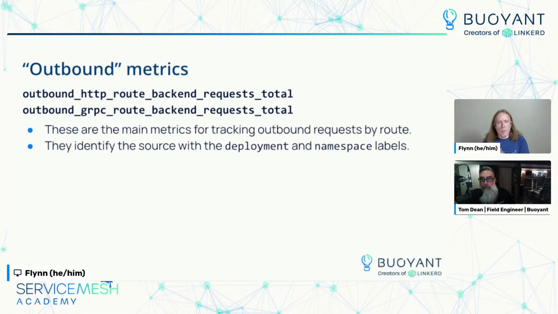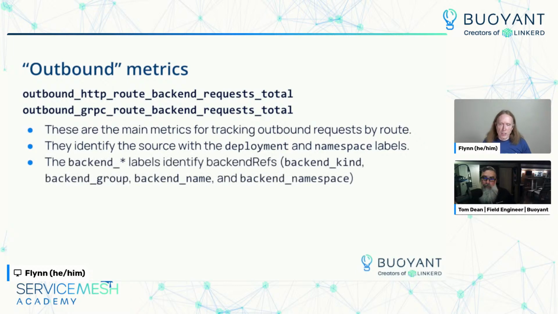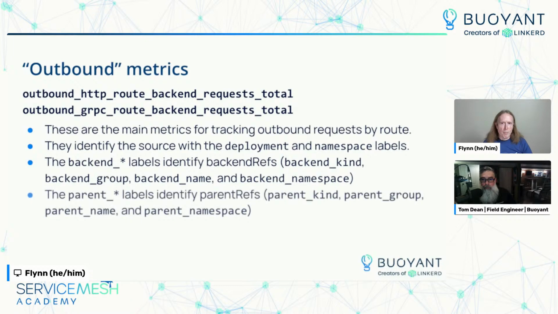So the from something, you get a deployment label and you get a namespace label. To something, there's a group of backend labels which talk about the route backend refs, backend kind, group, name, and namespace. And there's a group of parent labels which identify parent refs, parent kind, group, name, and namespace.